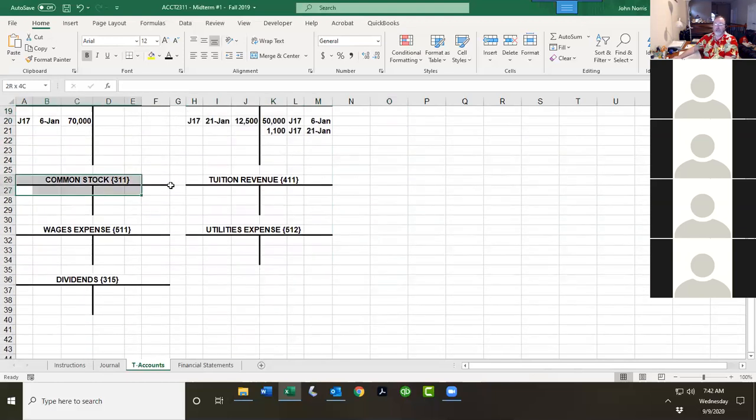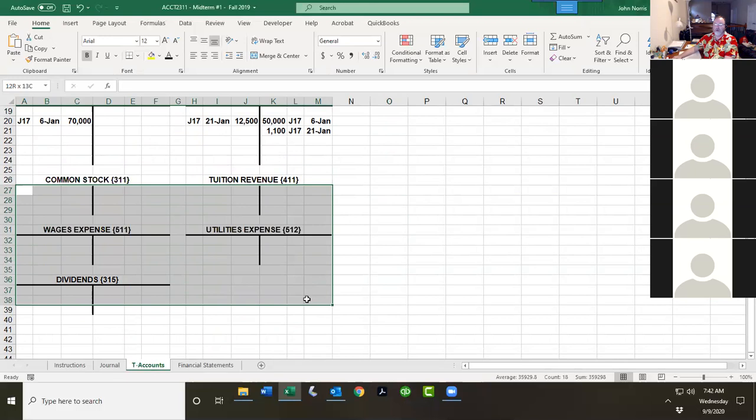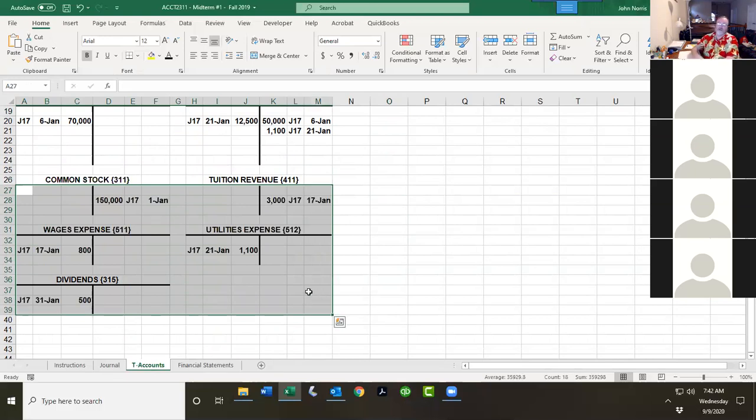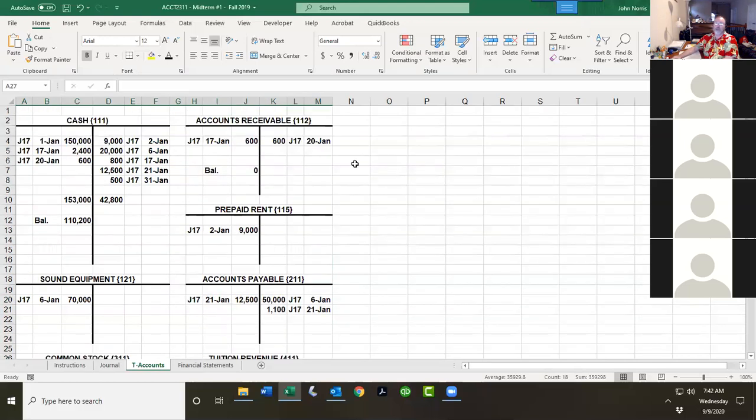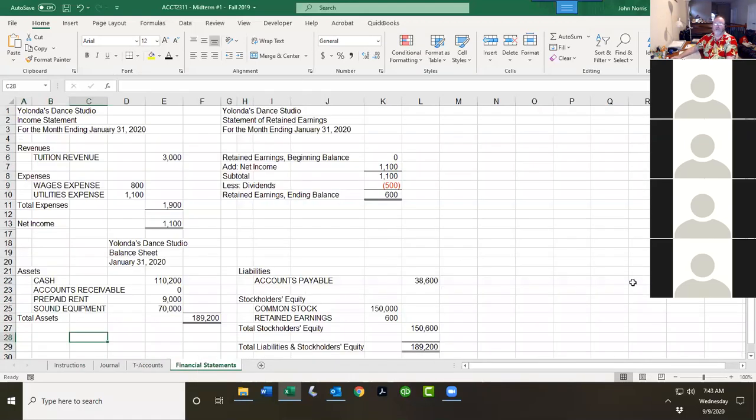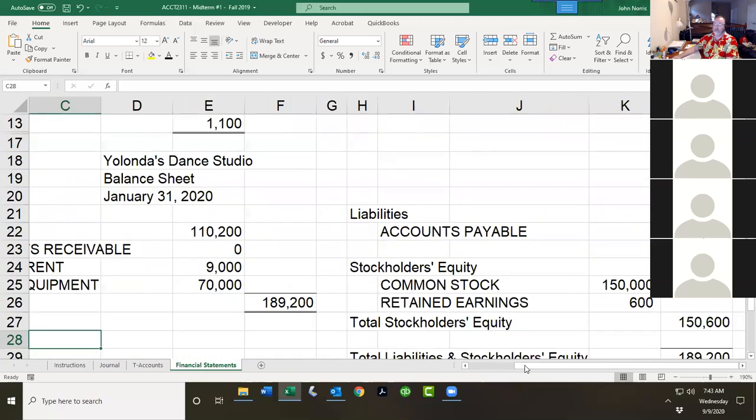Everything else has just the one entry. So we have one entry for the common stock, the credit for the $150,000, one entry for tuition revenue, one for wages, utilities, and then one for dividends. So once you have these posted, you can then do a financial statement. I'll make this a little bigger.